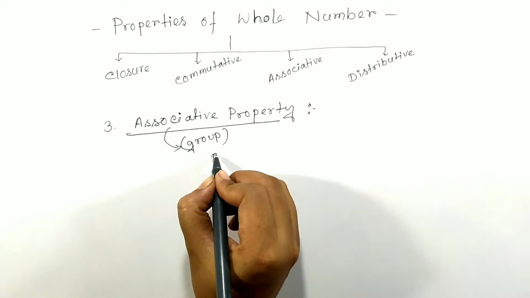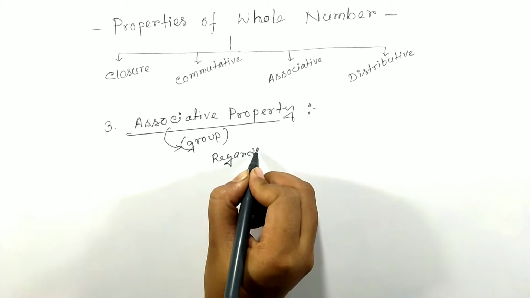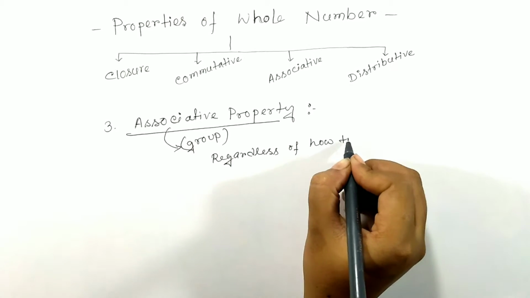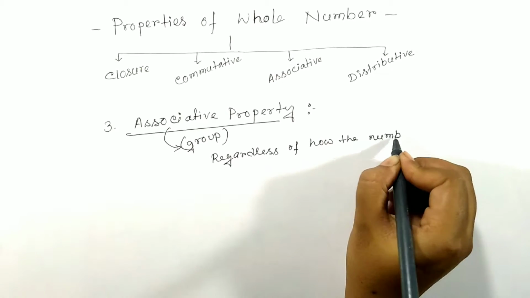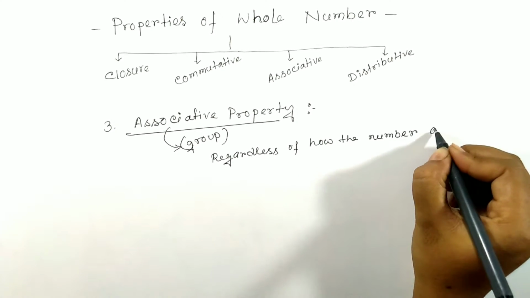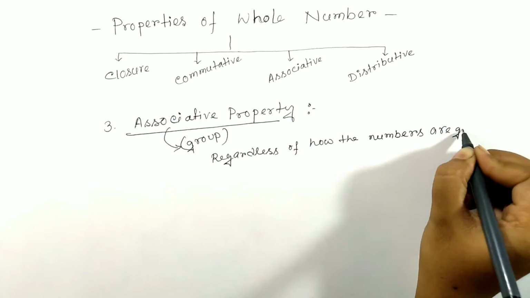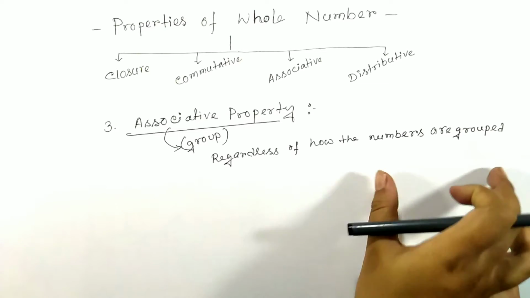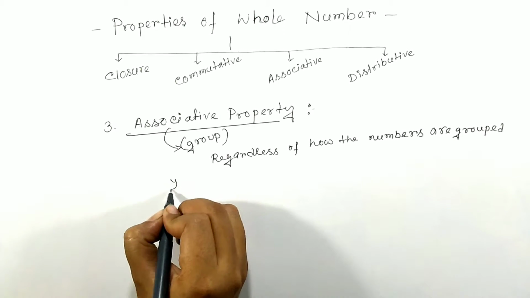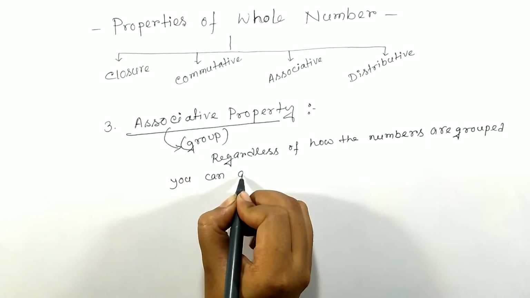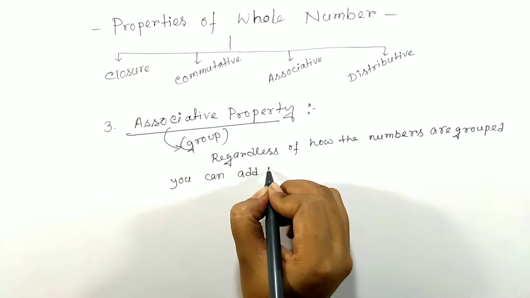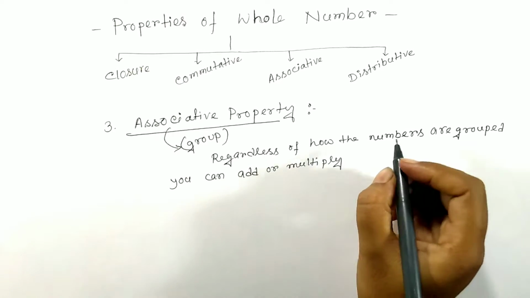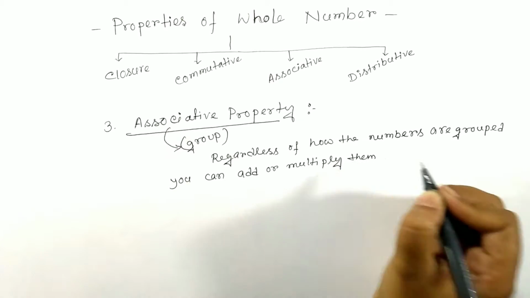It states that regardless of how the numbers are grouped, you can add or multiply them together.